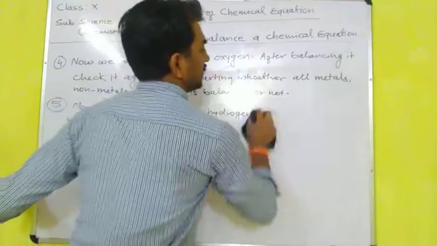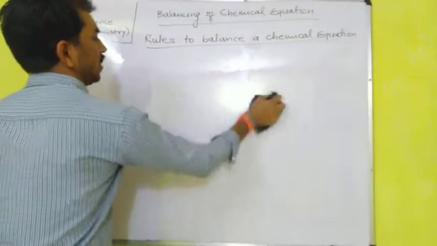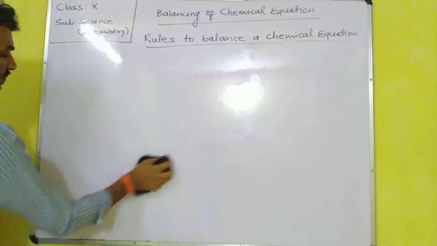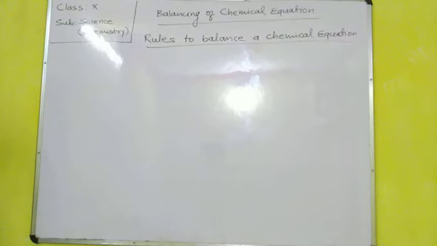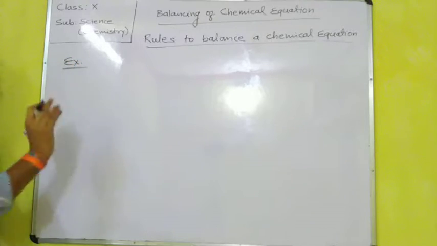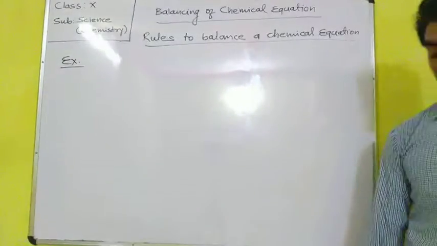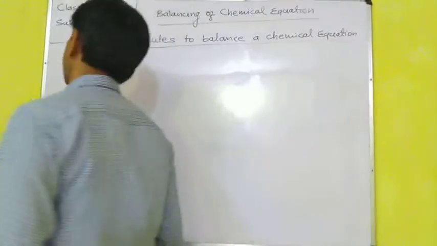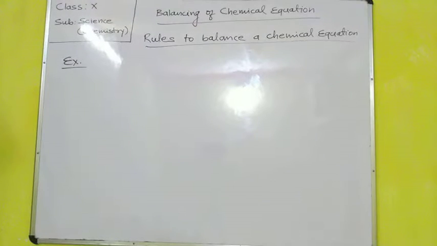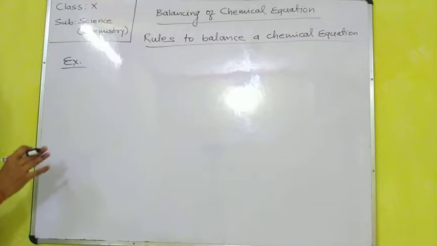The next step means all the metals. First we have to balance all the metals, whatever is present, for example zinc. There are so many metals. In the whole periodic table, 80% of the elements are metals. Out of a total of 118 elements, 80% are metals.